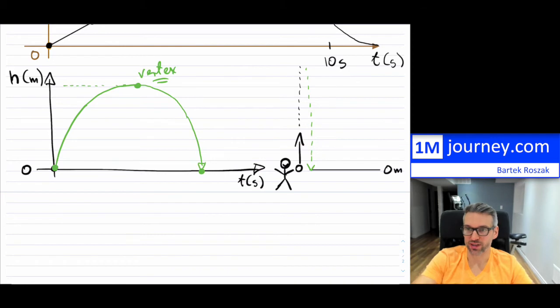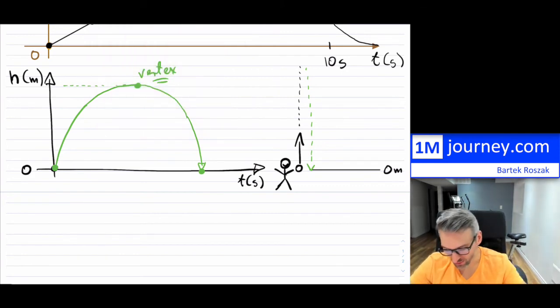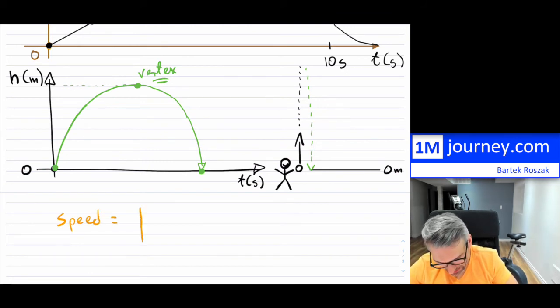Now, I'm not going to do the equation here because my goal is to show you what happens to these in terms of displacements and rates of change. So in this case, I can find my rates of change. My speed that I would be looking for would be equal to the absolute value of my change in the height divided by the change in the time.